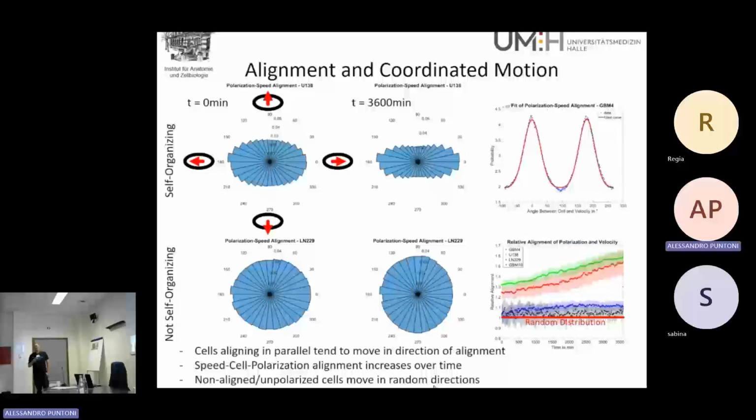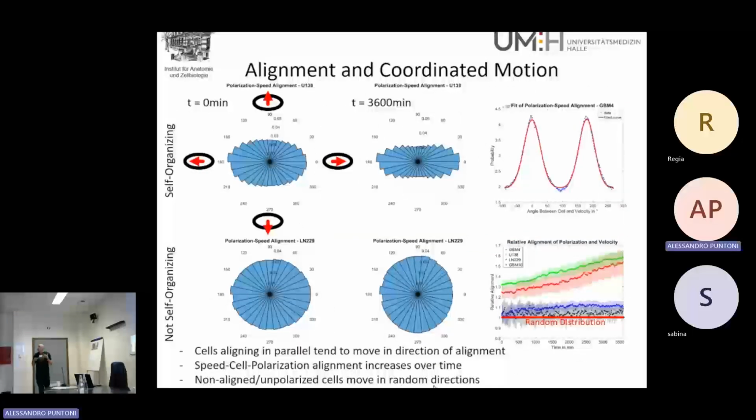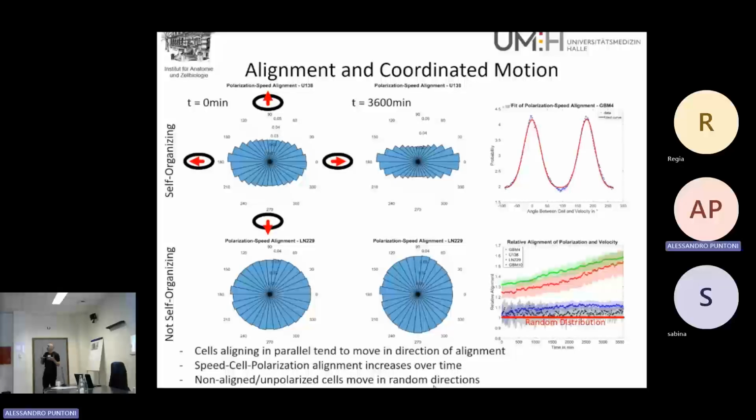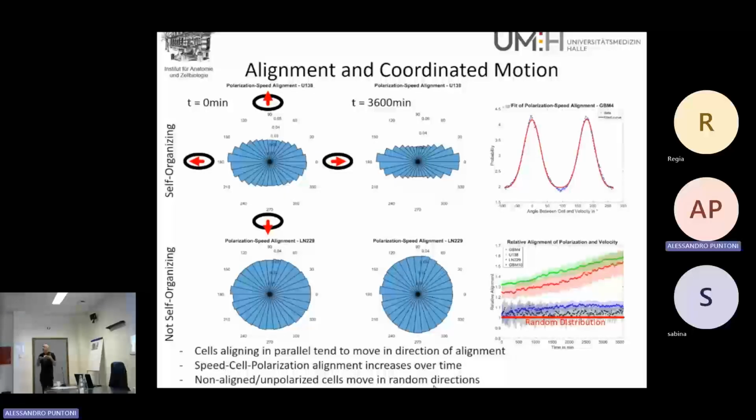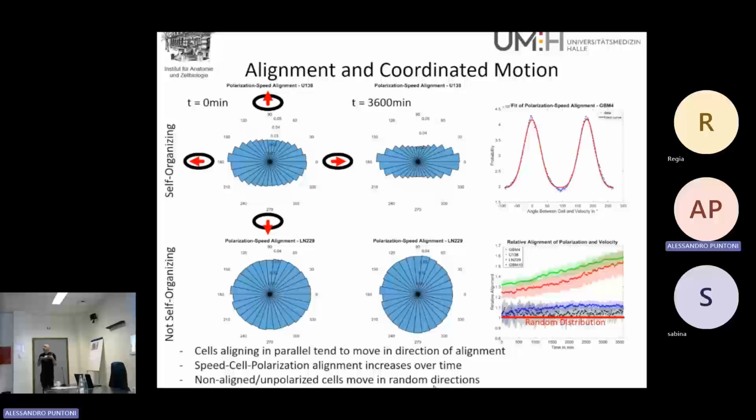As the last step, we of course wanted to know whether this ordering could in any way be associated with the escape of our cells from a migratory rest if they show this kind of alignment. So we looked at how well the orientation of the cells aligns with their movement direction. This is shown as an example for one of the self-organizing cell lines.